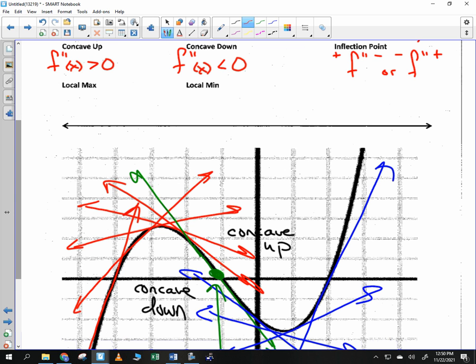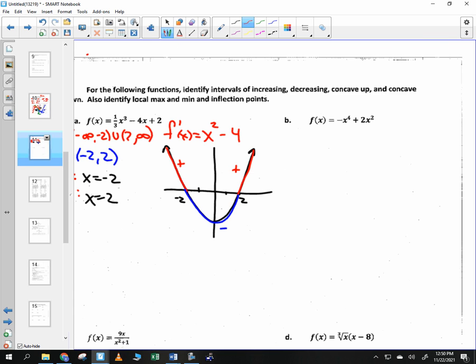So a local maximum, am I concave up or concave down? Concave down. So if there is a local maximum, then f double prime of x would be negative. And if there's a local minimum, then f double prime of x would be positive. So let's go to our true example and try to figure that piece out.